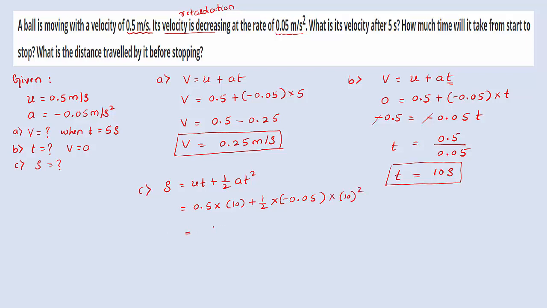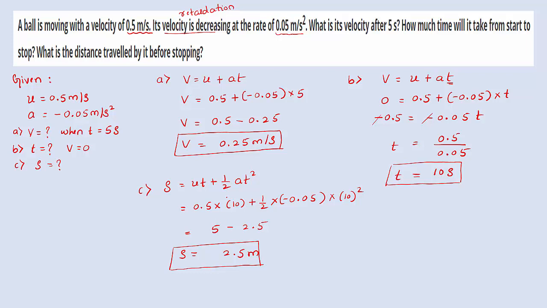So we will get 5, because 0.5 into 10 is 5, minus 2.5. So the final answer is 2.5 meter. The ball will travel 2.5 meter before it comes to rest. In this way, we have to calculate velocity, time interval and displacement. I hope you got the same answer.